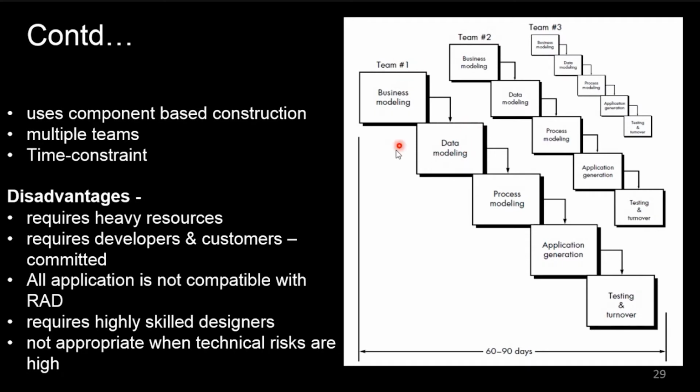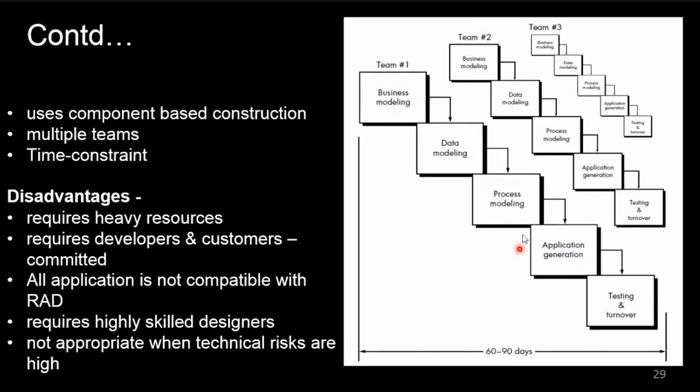Whatever we receive from business modeling, we refine into different data entities, consider the relations between them, first identify those data objects, then consider their relationships, and identify all these things in this data modeling phase.